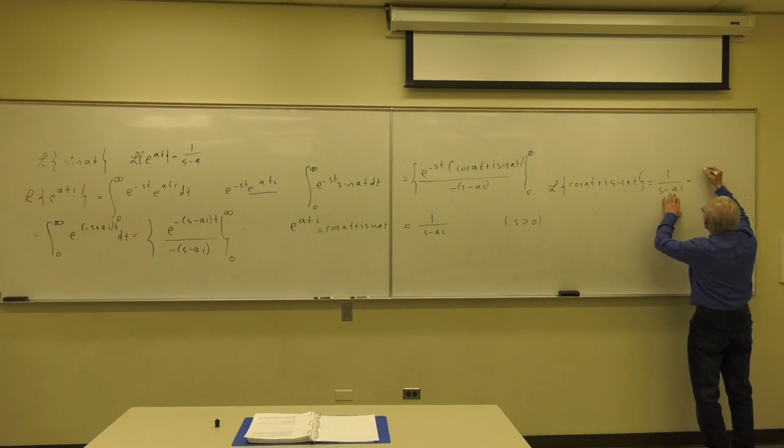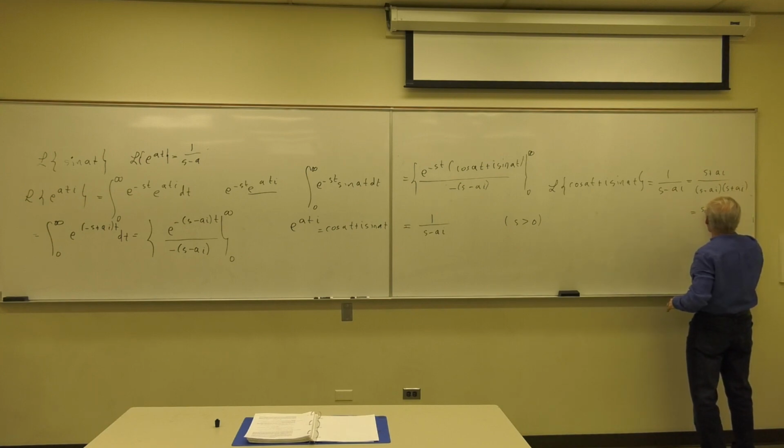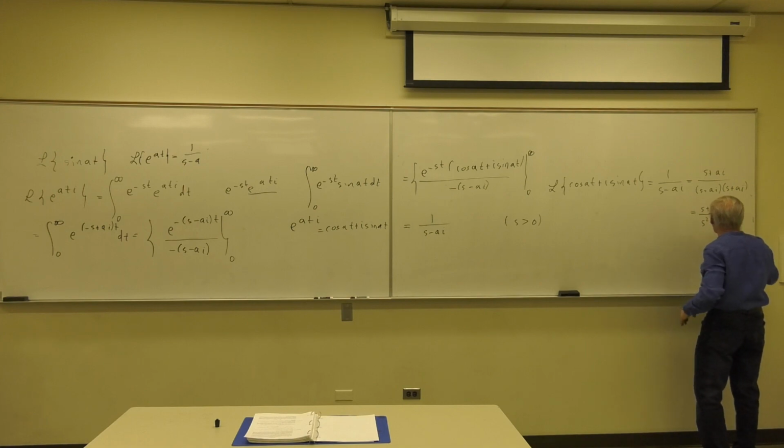Right now I can't. What if I were to multiply top and bottom by s plus ai? You did that in 1210. So you'd have then s plus ai over s squared plus a squared.